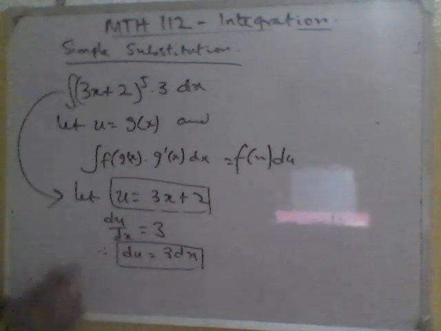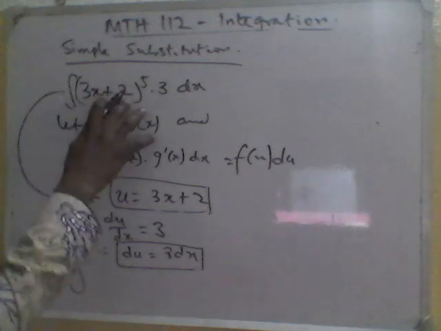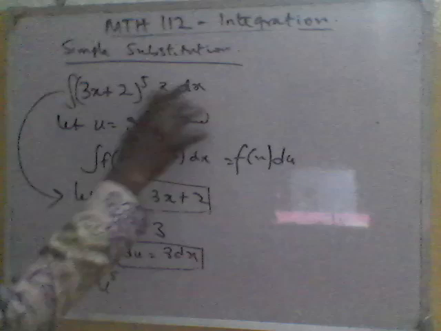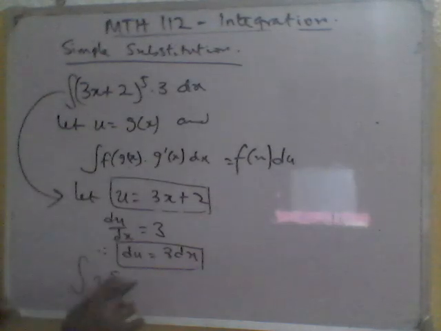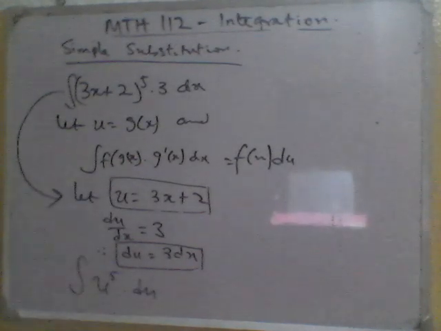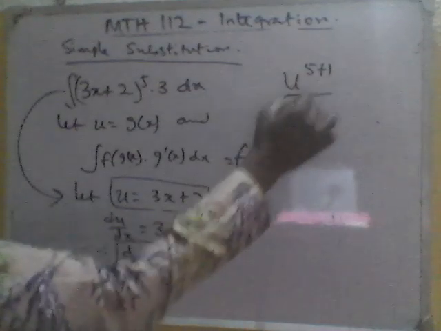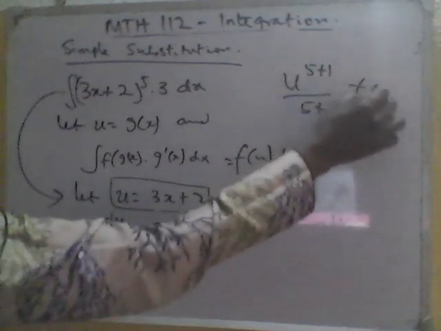Okay, so in the integral, where I see 3x plus 2, I put u, that's to the power 5, then when I see 3 dx, I put du. So invariably, I can just integrate this one, and I will have u to the power 5 plus 1 over 5 plus 1, plus c.